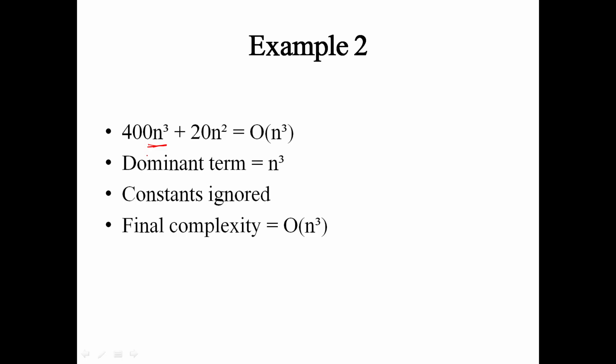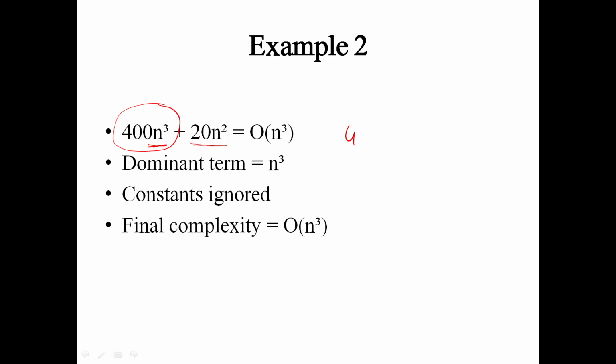So for very large values of n, n cube dominates the entire expression. So we ignore lower order terms and constants. So we ignore n square, any n terms and constant terms. So for very large values, n cube dominates this entire expression. Therefore, 400 n cube plus 20 n square is equal to order of n cube.